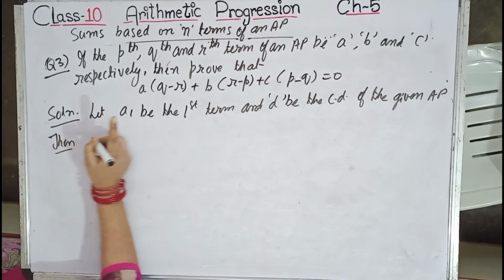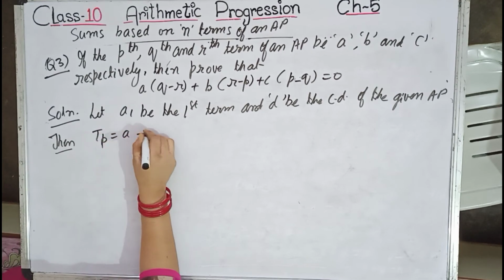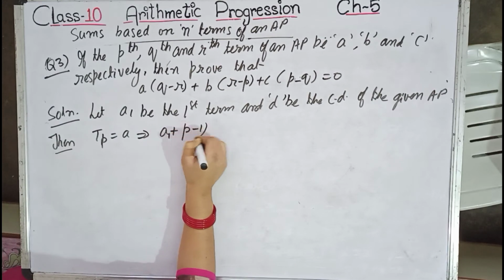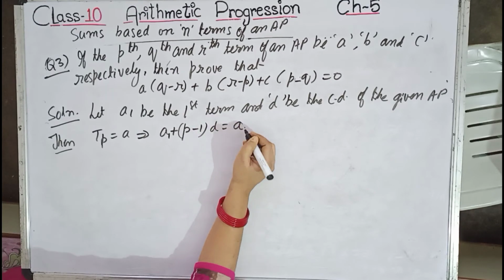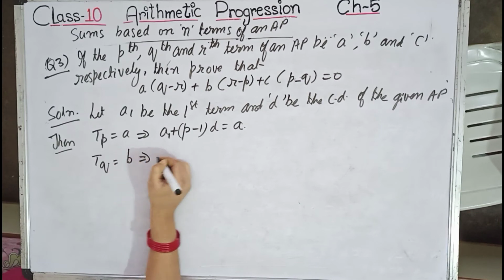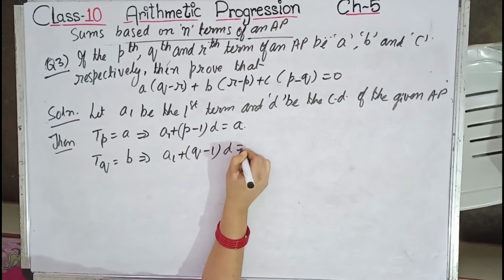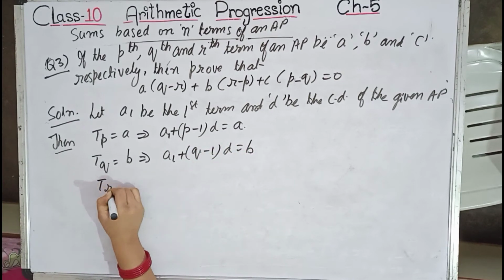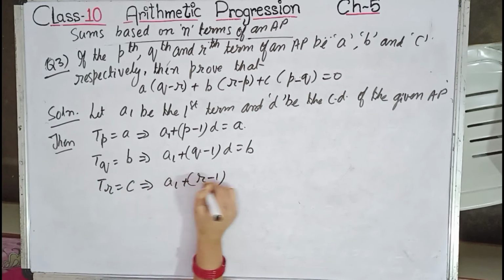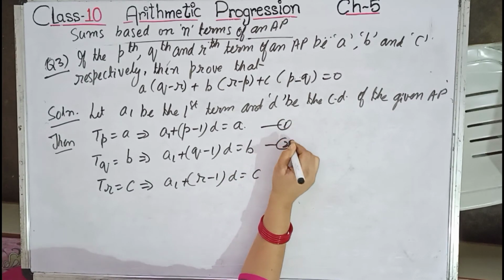Then the pth term is a: Tp equals to a implies a1 plus p minus 1 into d equals to a. Tq equals to b implies a1 plus q minus 1 into d equals to b, and Tr equals to c implies a1 plus r minus 1 into d equals to c. Let us make it 1, 2 and 3.